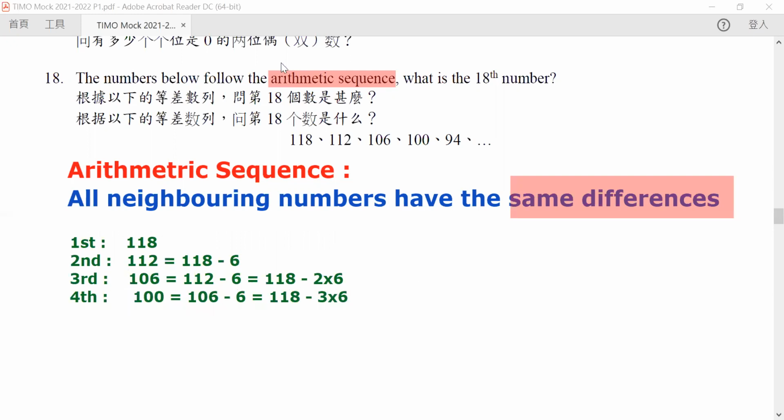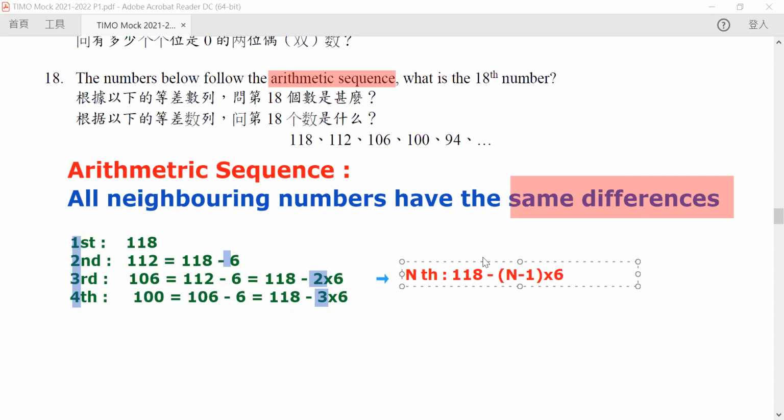In general, you can see here that for the numbers 1 to 4, they subtract 0 times 6, 1 times 6, 2 times 6, and 3 times 6 respectively, right? So they follow the same pattern. Our nth number will be 118 minus (n minus 1) times 6.